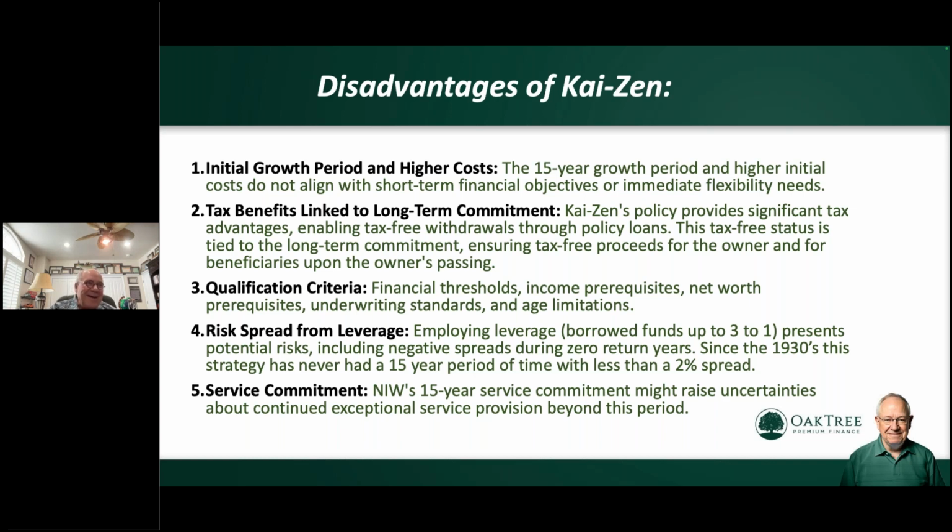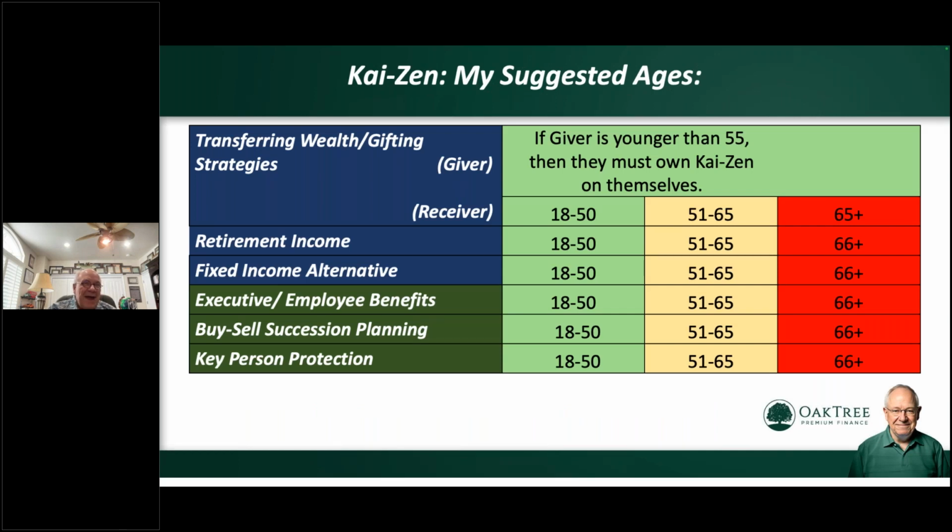All right. I haven't put this slide in for a while, and I revised it some and hopefully made it prettier, but certainly bright. Suggested ages. I want to ignore that transferring wealth category on top for a second.